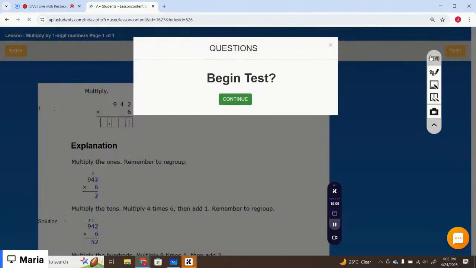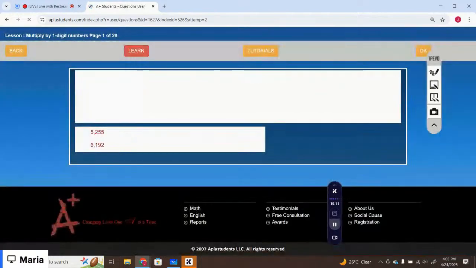You can do the practice questions later today. You have to start with the test questions. Before starting this lesson, multiplication, make sure you are perfect with multiplication tables, right? Multiplication tables are very important.